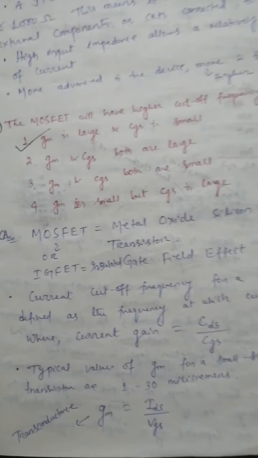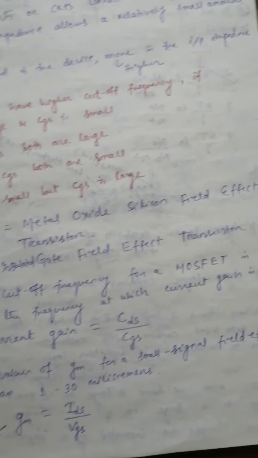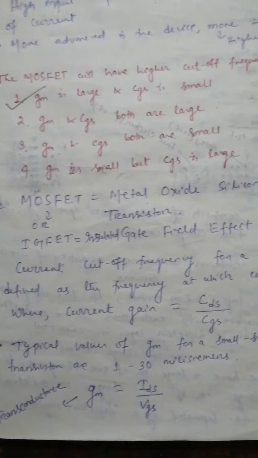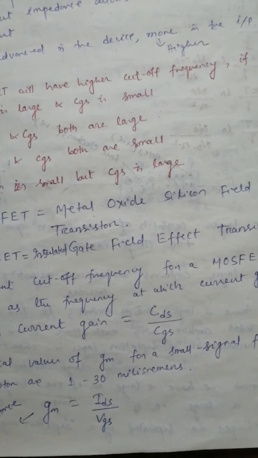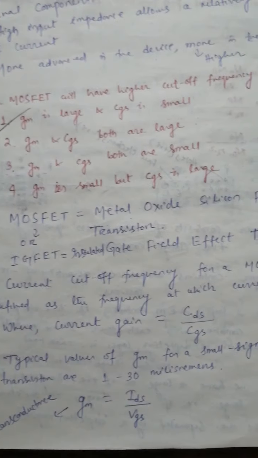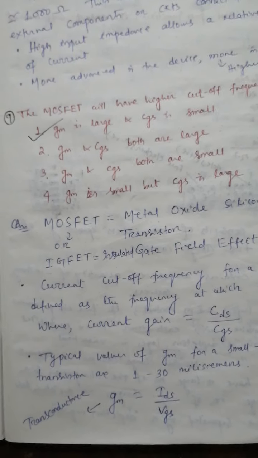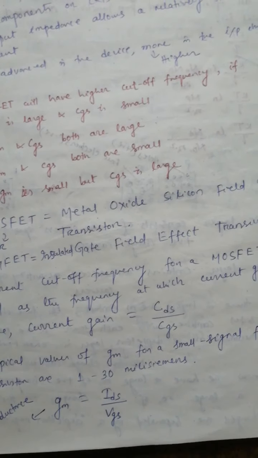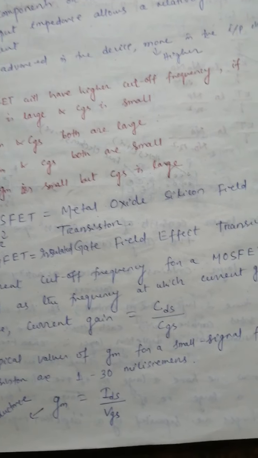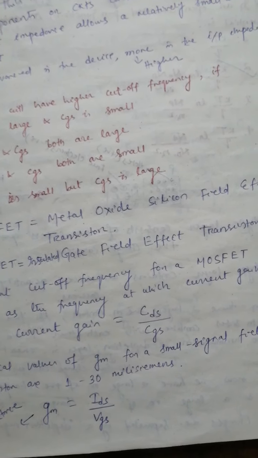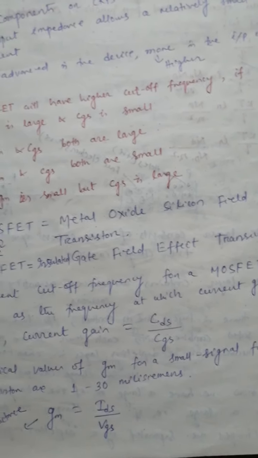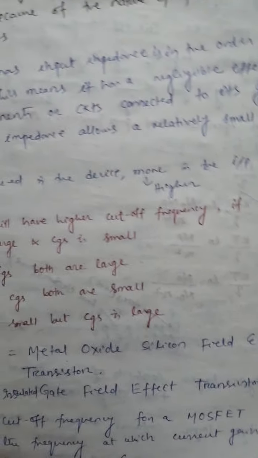Typical values of GM for small signal field effect transistors are 1 to 30 millisiemens. What is GM? GM is the transconductance, and we can write GM equal to IDS divided by VGS, that means current from drain to source divided by voltage from gate to source.